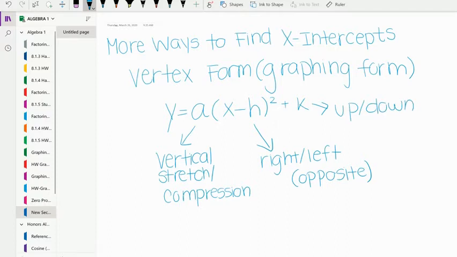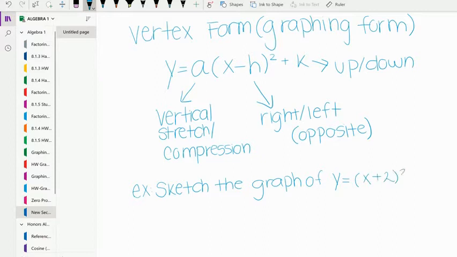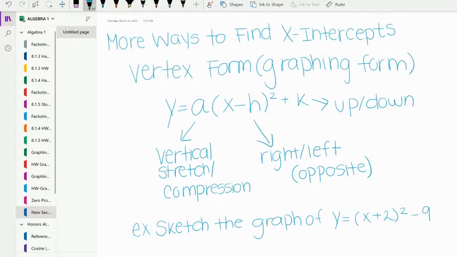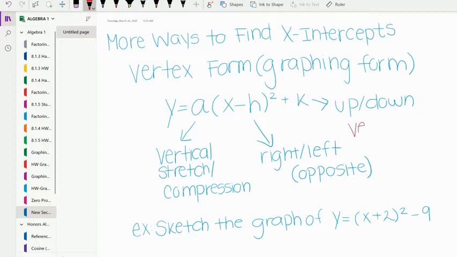Okay. So we're going to go ahead and look at an example. We want to sketch the graph of y equals x plus 2 squared minus 9. And the other very important thing that I should have added above here is that the vertex is h comma k.